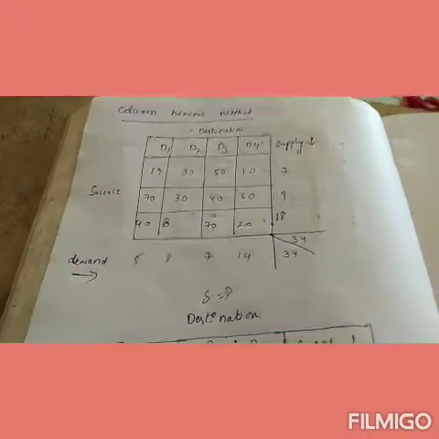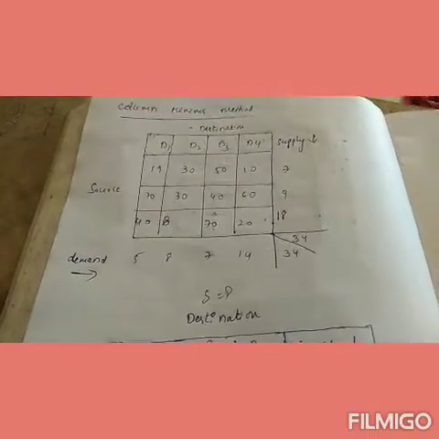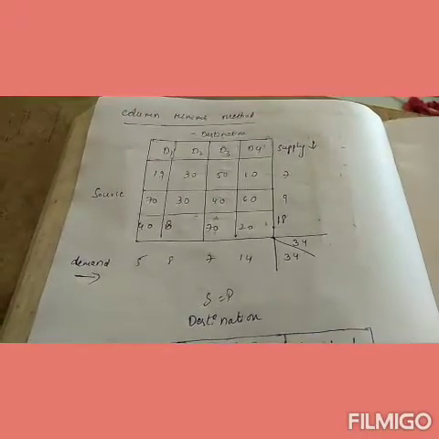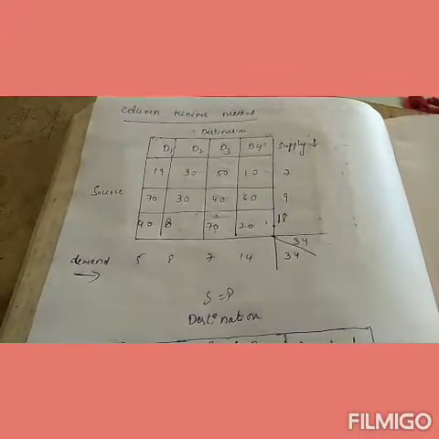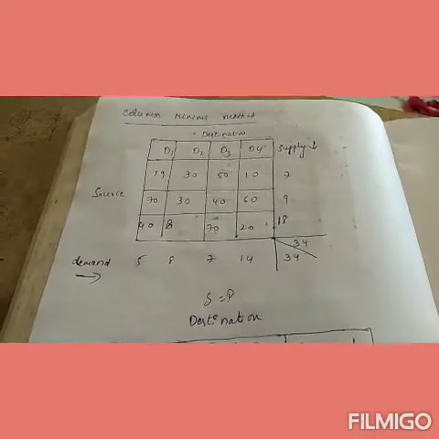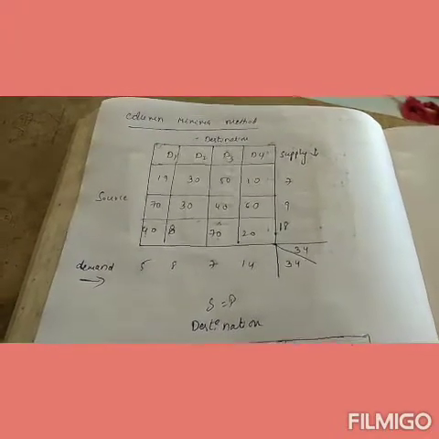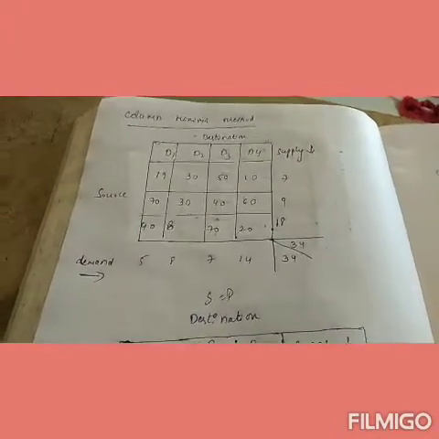Now we start the problem. If it is a balanced transportation problem, we can find the initial basic feasible solution by using the column minima method. Now let us start the problem.